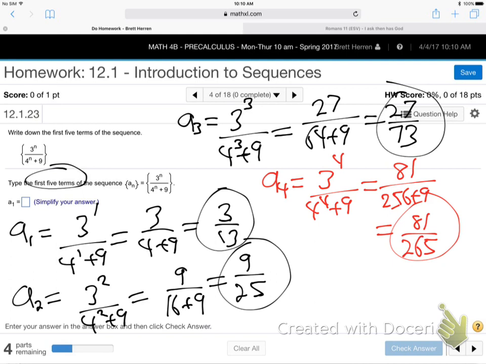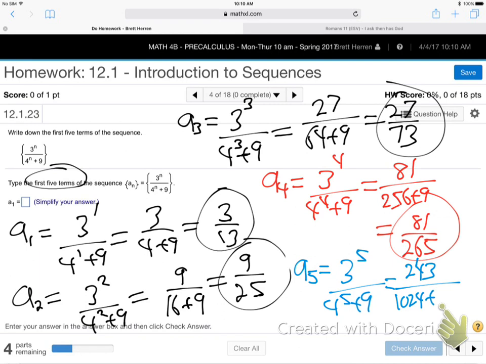A sub 5. You okay with what I'm doing there? Just use your calculators if you need to. A sub 5 is 3 to the 5th over 4 to the 5th plus 9, which is 243 over something big. 512, yeah, 1024 plus 9.